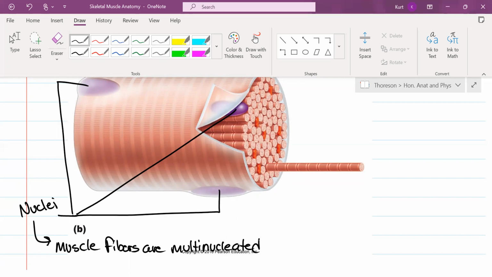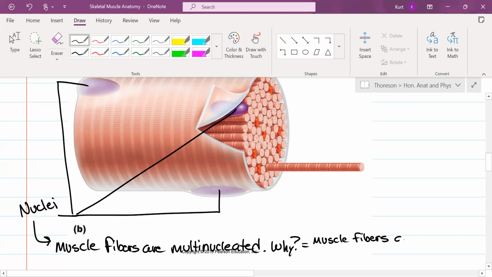These muscle fibers are very long, which means that there is more of a cell to try to control. So you need more nuclei present to try to control it. So the reason why muscle fibers are multinucleated is because muscle fibers are so long, and they need more nuclei to control them.